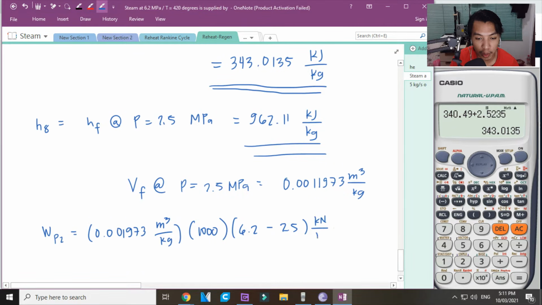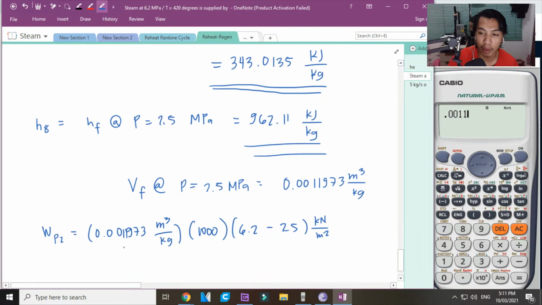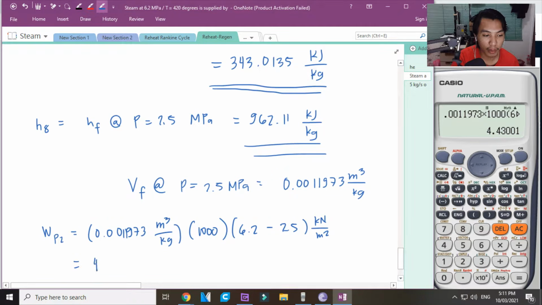Let's see if it is still small. That is 4.43 kilojoule per kilogram.